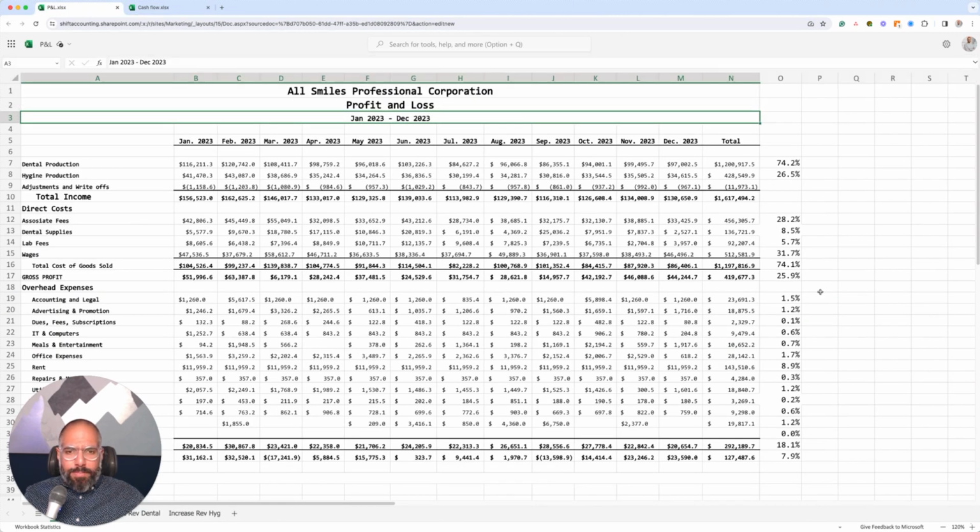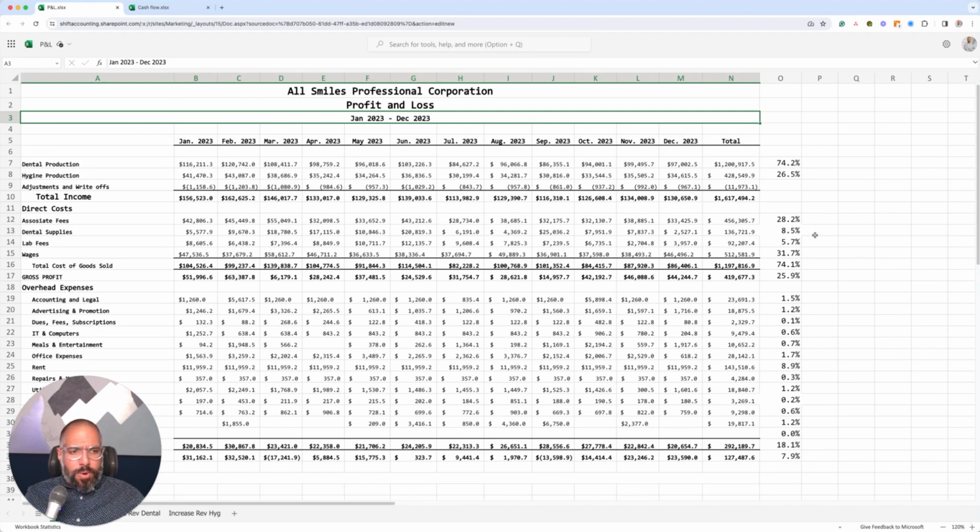So when we look at the P&L and look at the opportunities that we have, let's start with the cost management opportunities. Number one, I like to look at it from the percentages point of view.